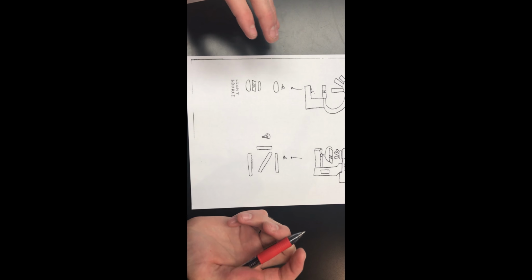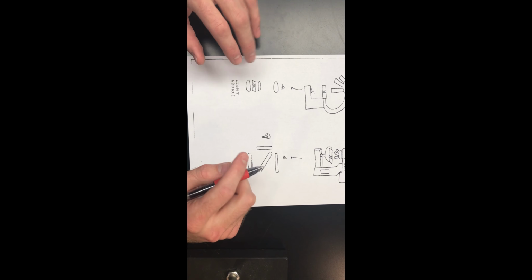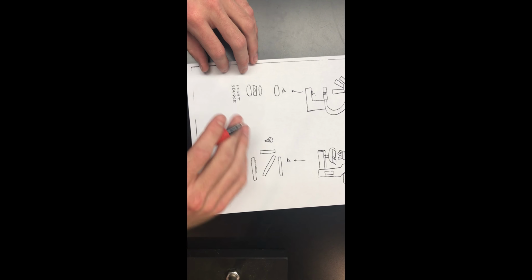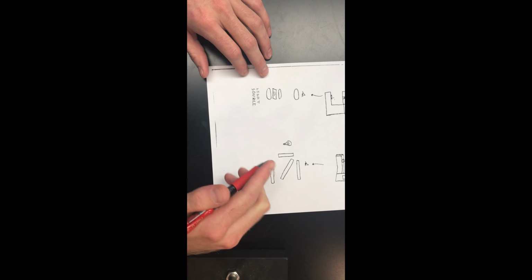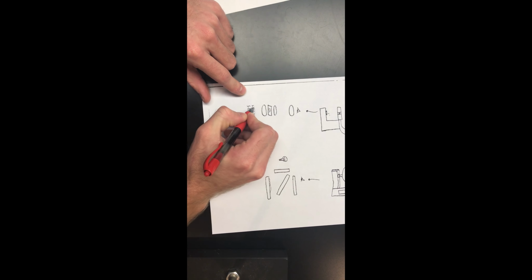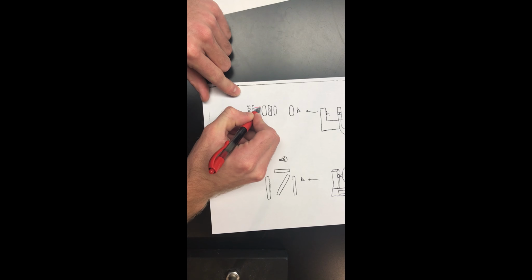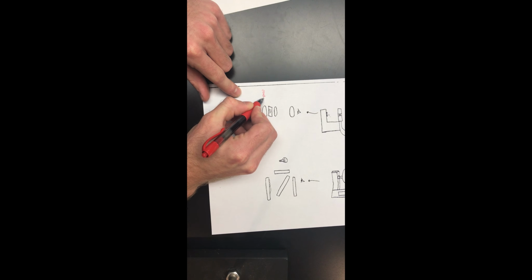Next, we should take into consideration the way that these light sources are utilized in each type of microscopy. So here's your light source, and it's passing through what's known as a condenser lens.